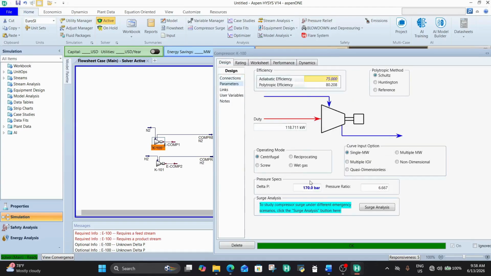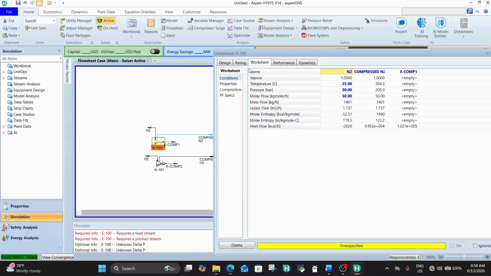Design parameters, 171 bar. So it's specified. Okay, 171 bar. Specified, you see. What do we have going on?